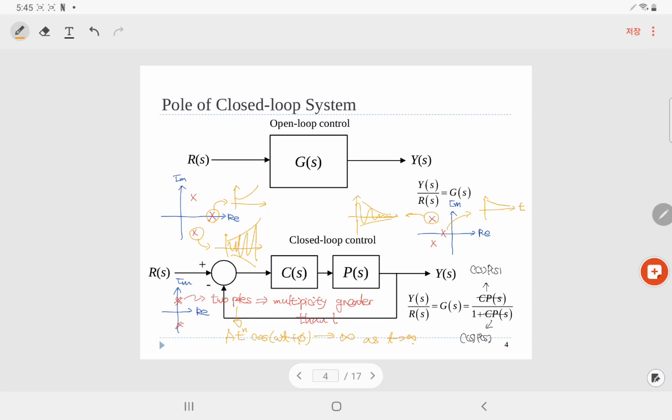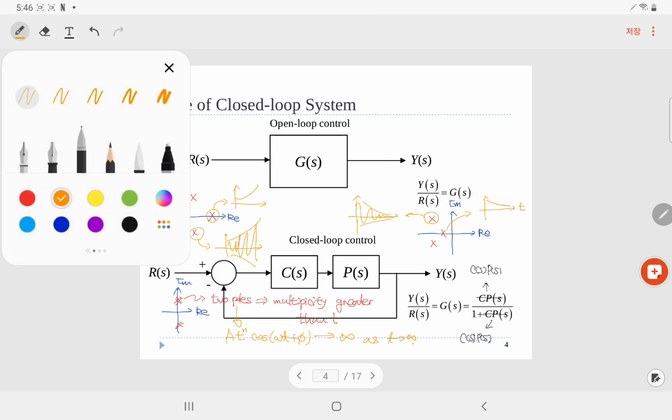Finally we think about the marginally stable case. A marginally stable system has closed loop transfer function poles on the imaginary axis, but its multiplicity is equal to 1.